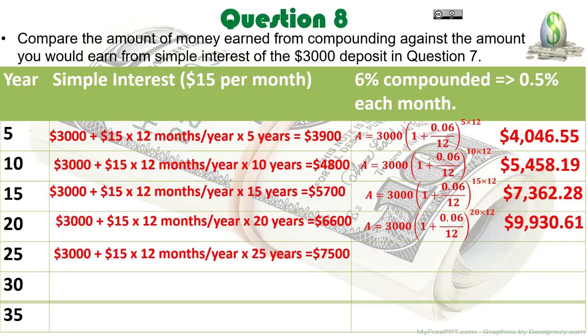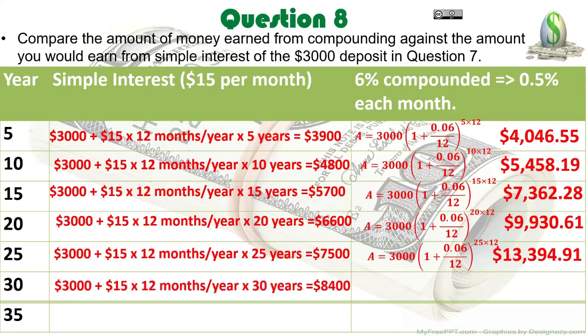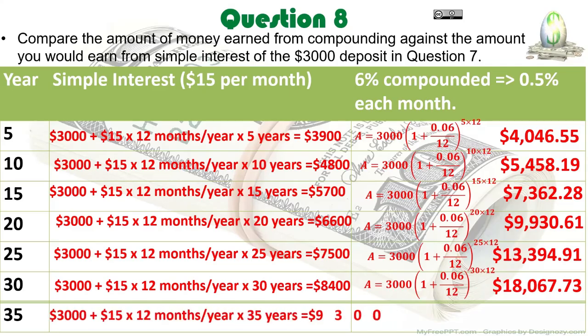After 25 years, simple interest will get $7,500. And compounding over the same period will get $13,394.91. 30 years, simple, $8,400. 30 years compounding, $18,067.73. 35 simple, $9,300.